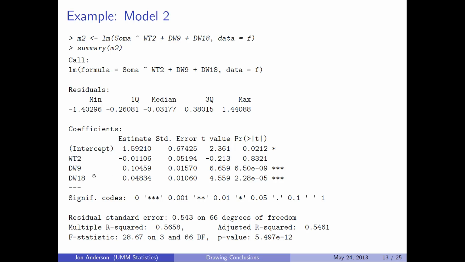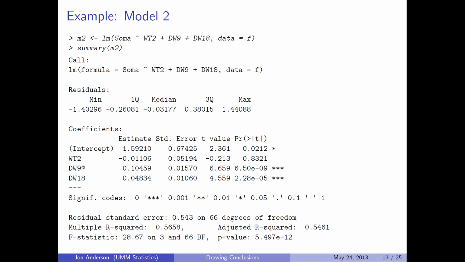And you can see that the difference variables are very significant and very positive, meaning that a 1 more kilogram increase in weight between, say, age 18 and age 9, gives you an increase of about 0.05 somatotype points.